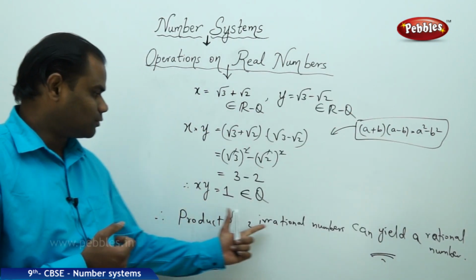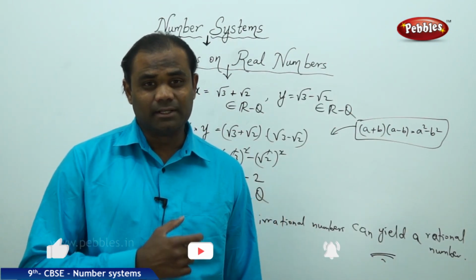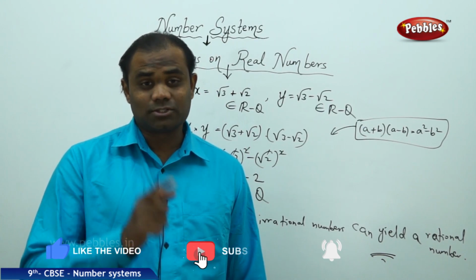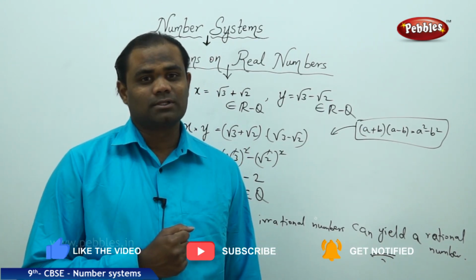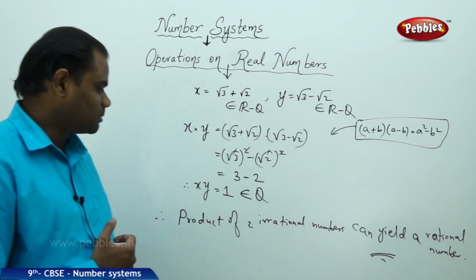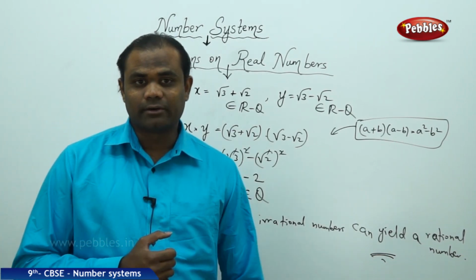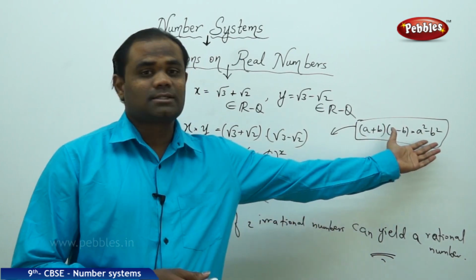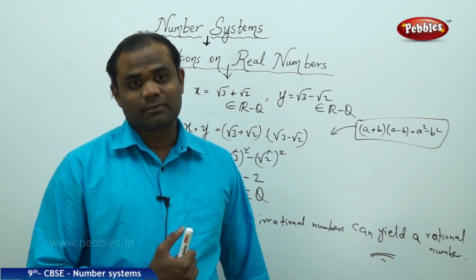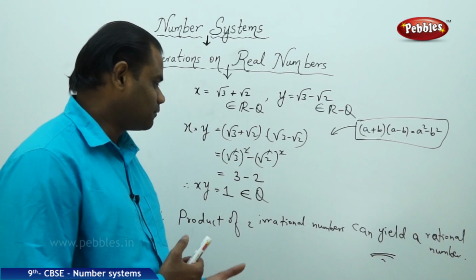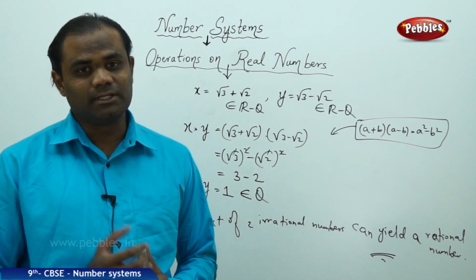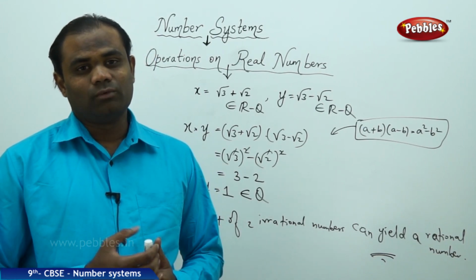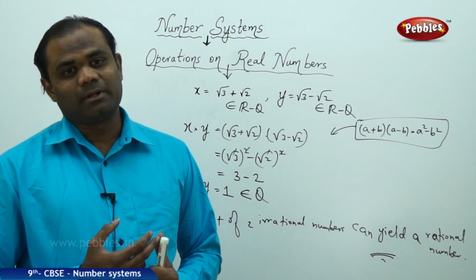Therefore, the product of two irrational numbers can yield a rational number, but it is not always true, because it is not always possible that two irrational numbers yield a rational number. Only sometimes, when the formulas can be exactly applied, is how we understand the concept. What about two rational numbers when multiplied?